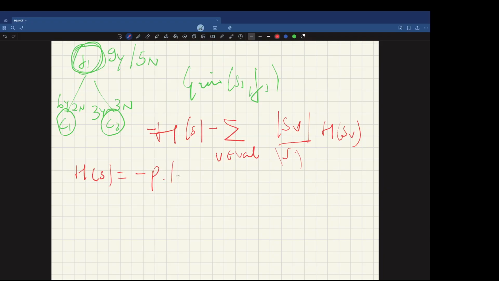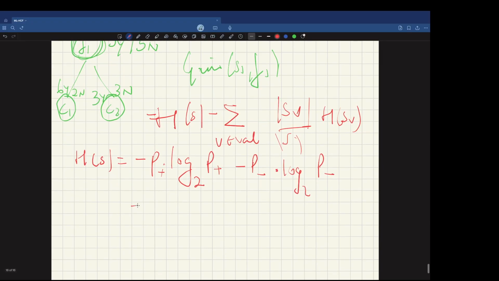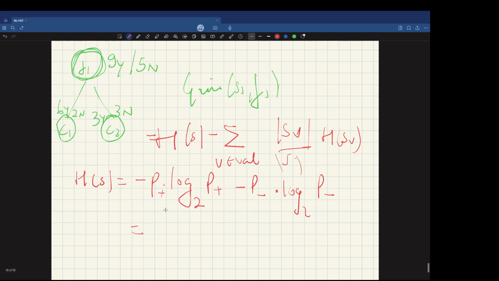Minus p positive log base 2 p positive, minus p negative log base 2 p negative. So how many positives and negatives are there? We are talking about F1, right? I'm not talking about C1, so we'll put the values of F1.